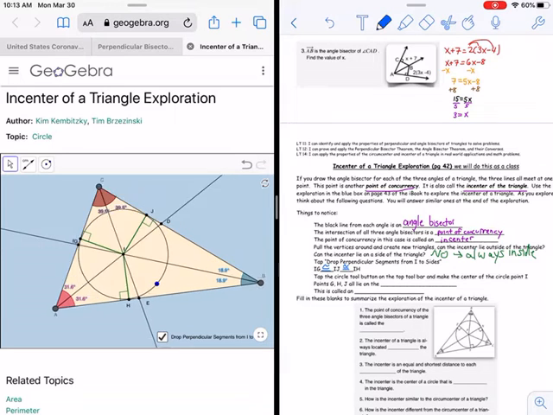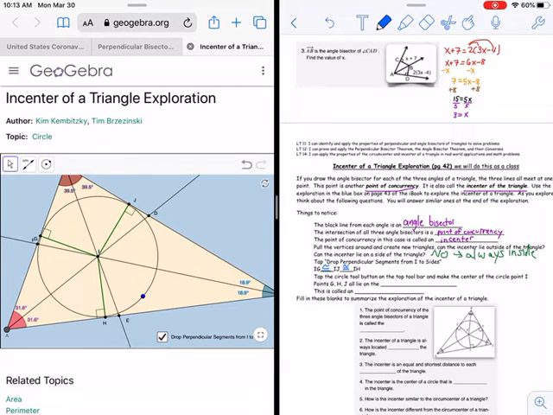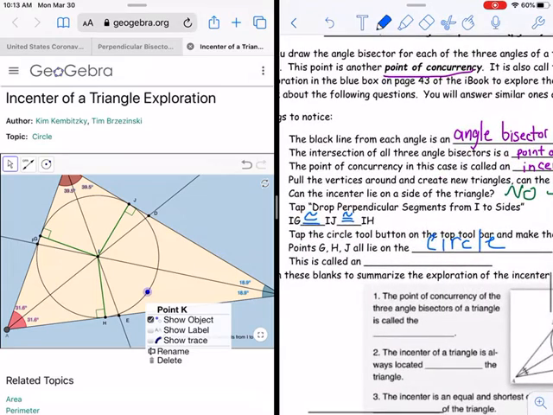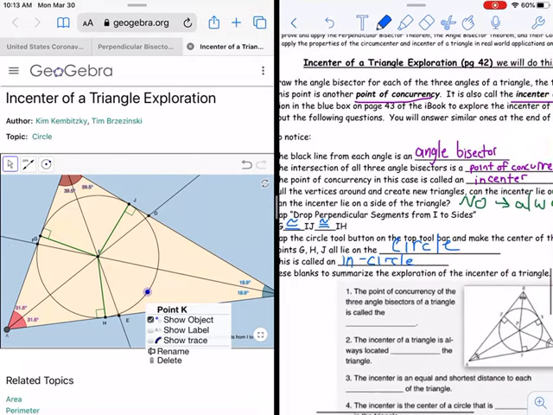That's pretty cool. All right, zooming in a little bit, bring it out maybe just a hair. This circle centered at I is going to pass through G, J, and H. They all lie on this circle, and this is called an incircle, or an inscribed circle.